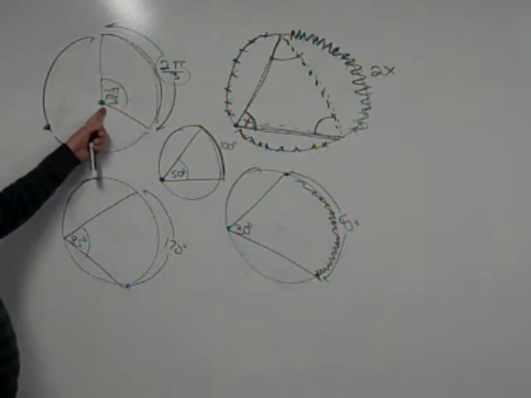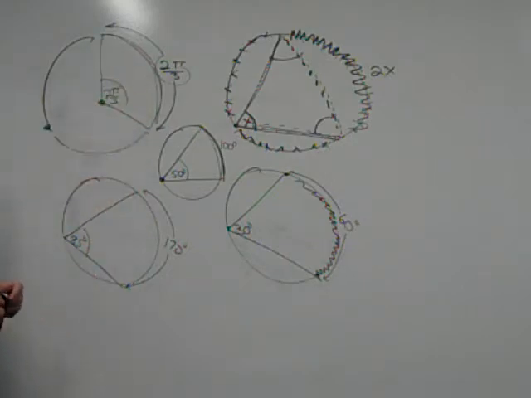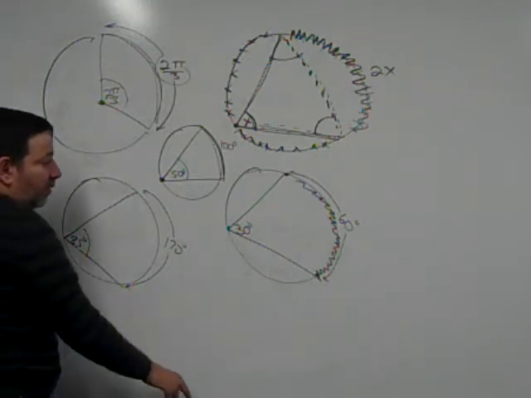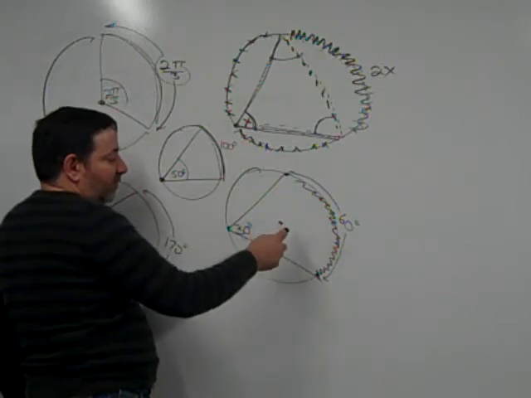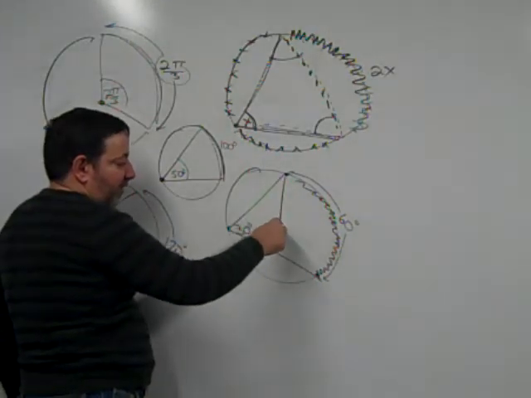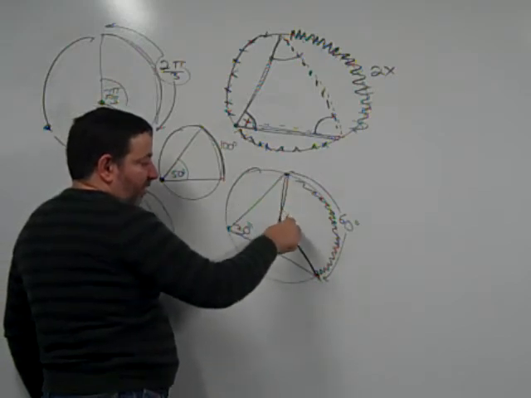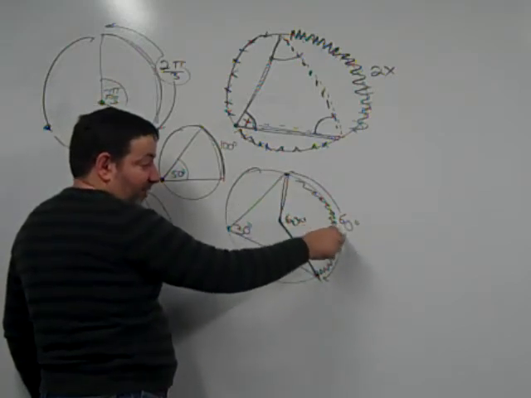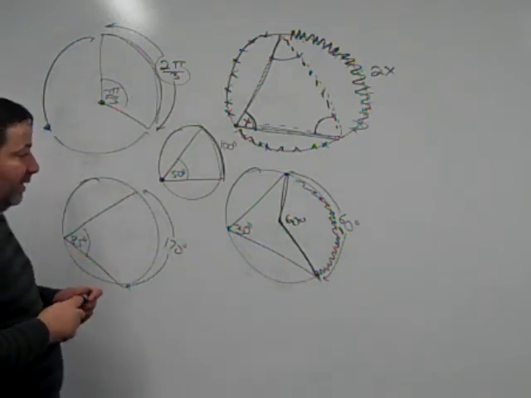If that angle is 2 pi over 3, then the arc is 2 pi over 3. You have this 1-to-1 correspondence. If this is the center, and I consider this angle, it's going to be 60 degrees, just like that one is. They're the same.